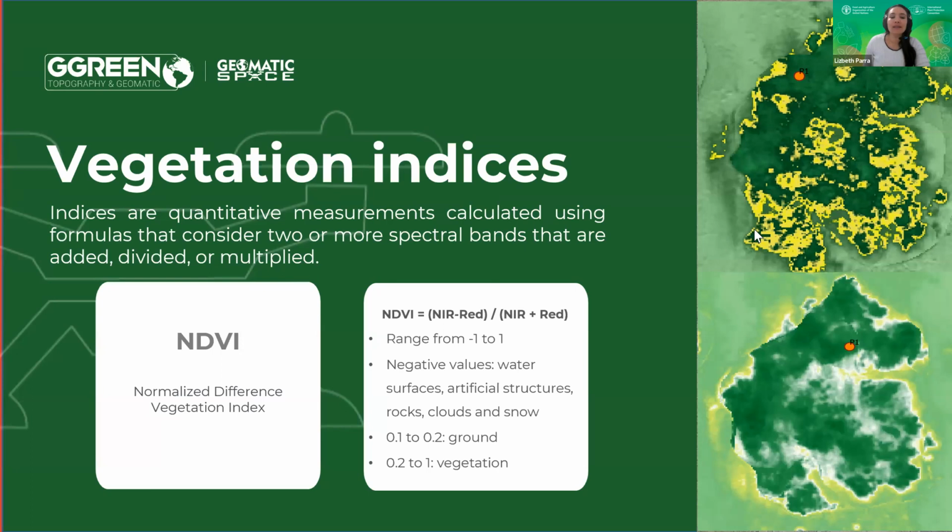Este rango de valores va de -1 hasta 1, donde todos aquellos valores que son negativos hacen referencia a superficies artificiales como plástico, a superficies de agua, nubes, rocas, entre otros. Cuando los valores de este índice están de 0.1 a 0.2, hacen referencia a suelo sin vegetación. Y a partir de 0.2 hasta 1, hace referencia a vegetación.